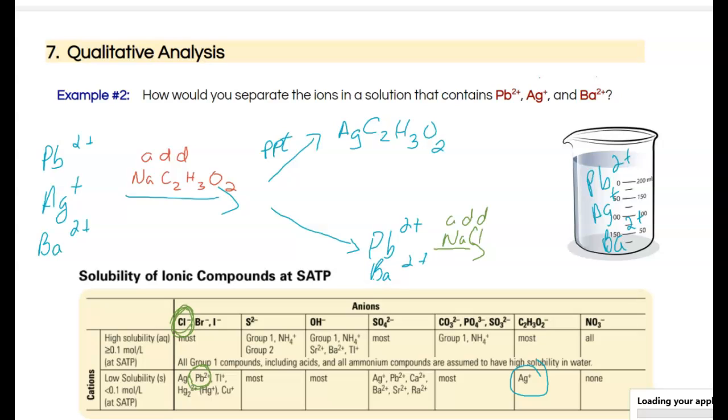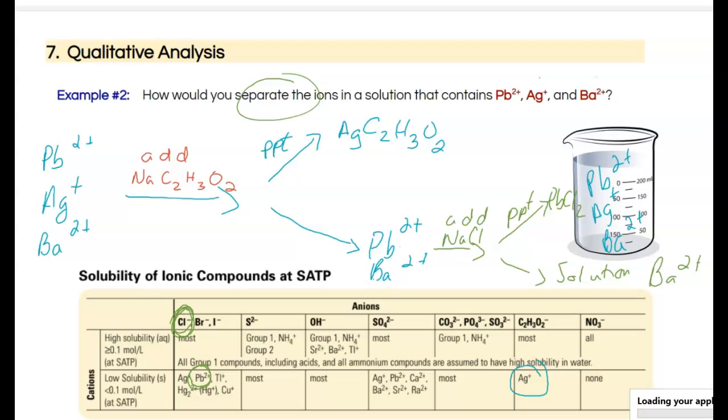And the sodium chloride is going to cause a precipitate with my lead, but not with my barium. So I'm going to have a precipitate of lead chloride, and I'm going to have just a solution of Ba2+. And at this point I can stop, because my goal was to separate the ions, not to precipitate them out. And so in this question, I was able to do that, right?